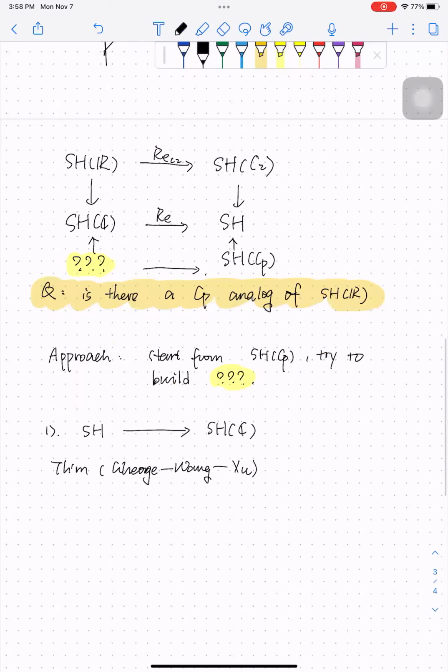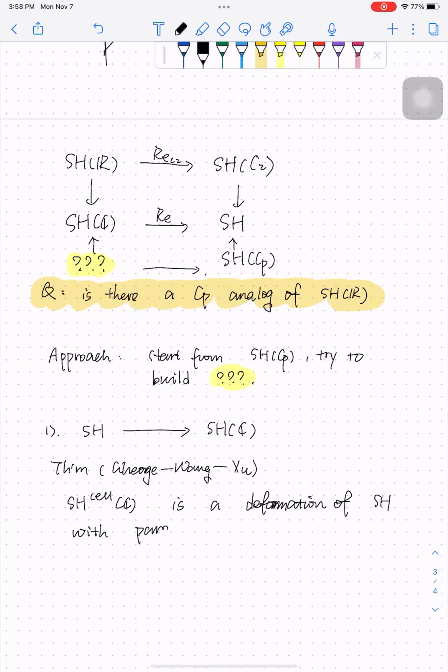And they say that if you restrict to the cellular C-motivic category, then this is a deformation of SH with parameter tau.